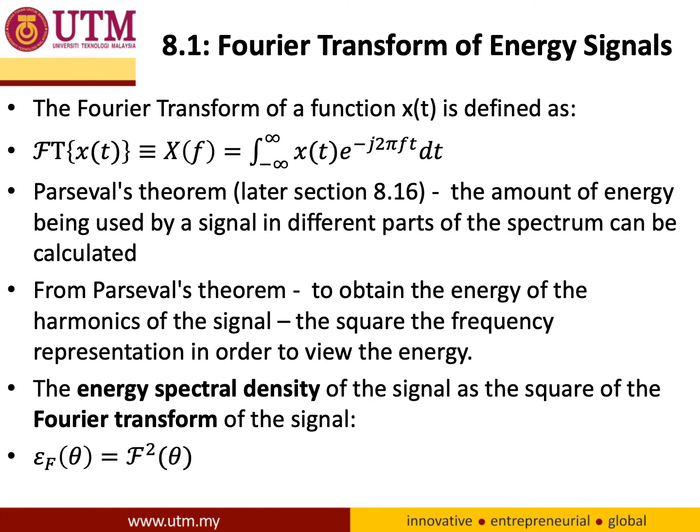Therefore, the energy spectral density of the signal is equivalent to the square of the Fourier transform of the signal, as given in the equation here: epsilon of f equals the magnitude of the Fourier transform squared.